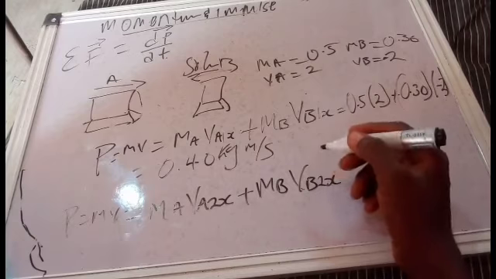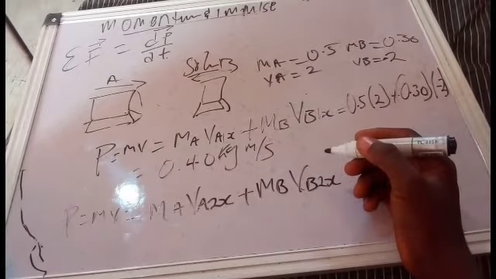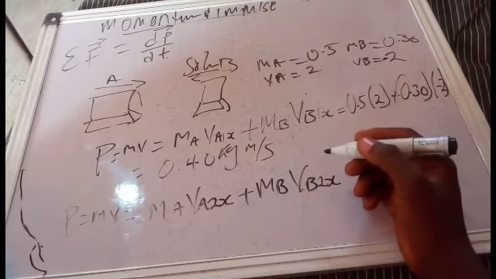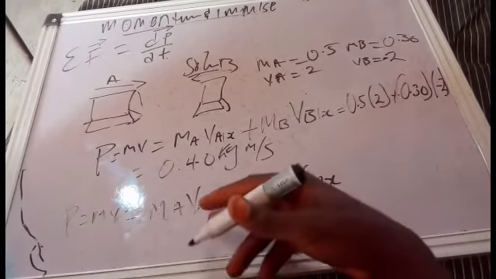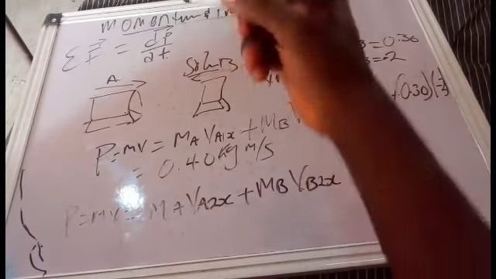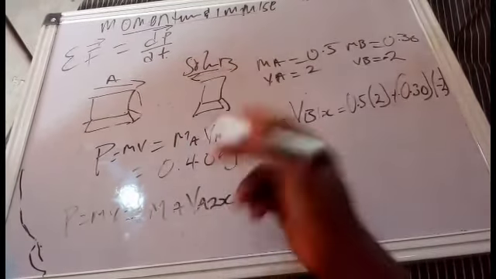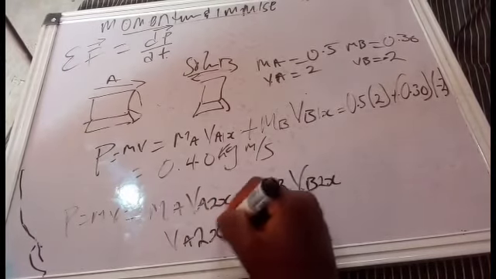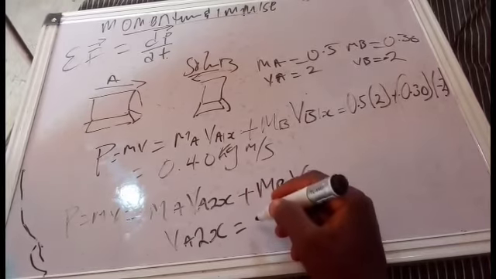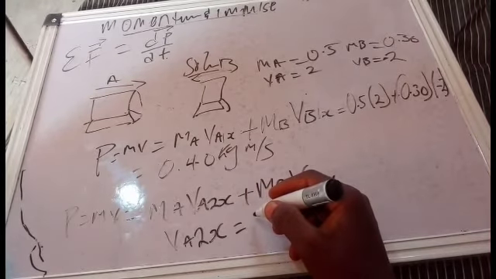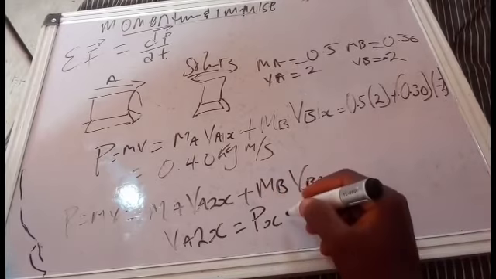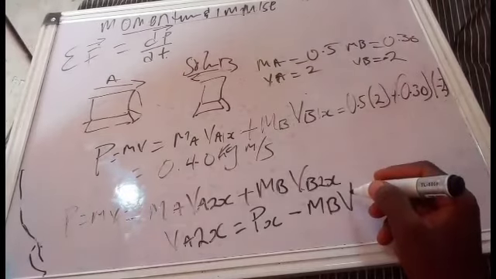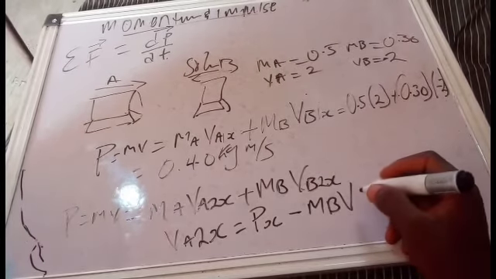What we need to get now is v_A2x, the velocity which glider A leaves with after the collision. To get v_A2x, remember from our question, glider B moves off with a final velocity of 2.